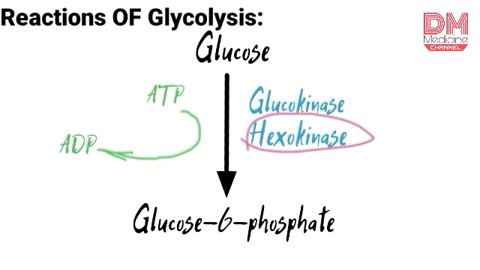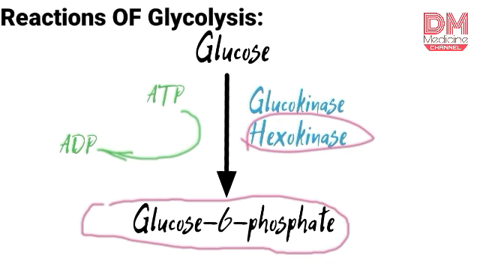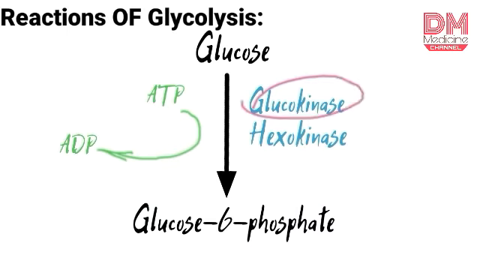It catalyzes the phosphorylation of various hexoses like fructose, mannose, etc. And this enzyme is inhibited by glucose 6-phosphate. While glucokinase is present in the liver, catalyzes the phosphorylation of only the glucose molecule and is not inhibited by glucose 6-phosphate.